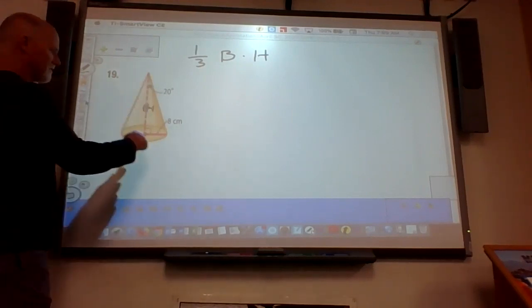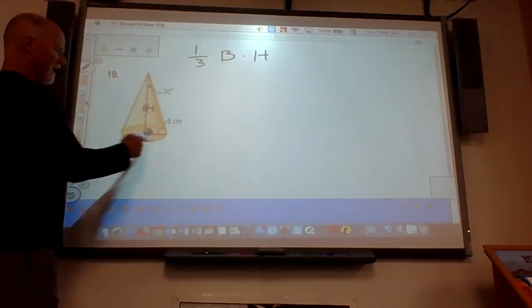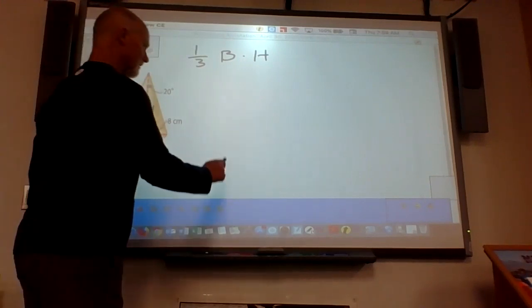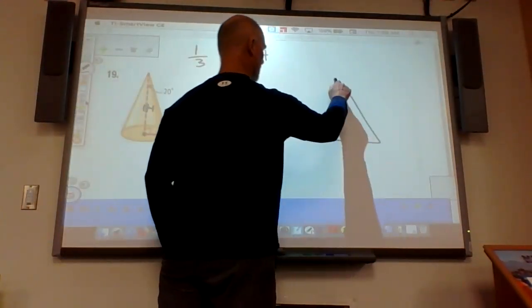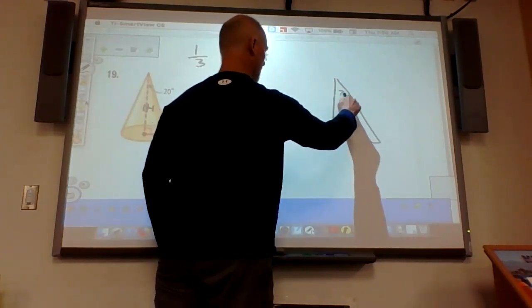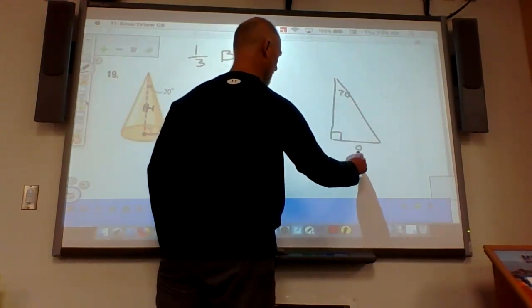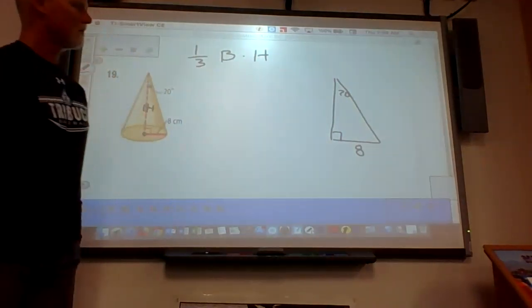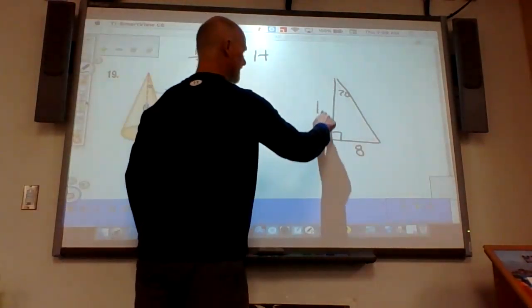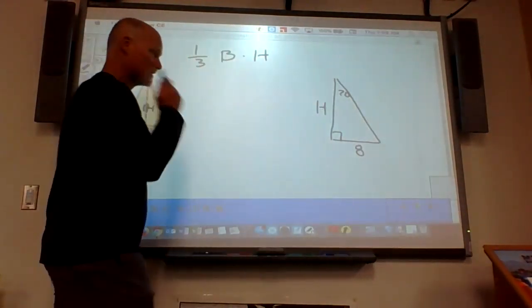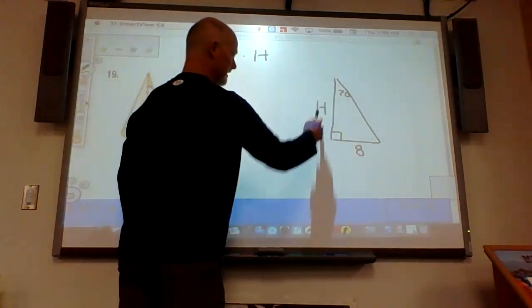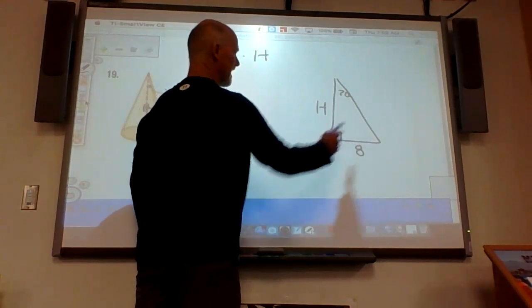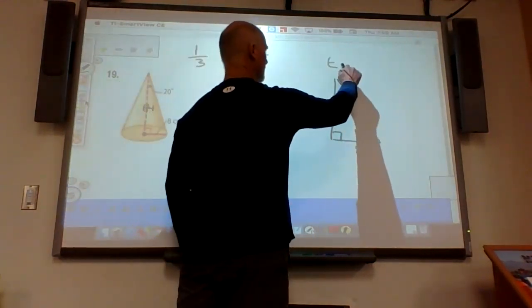Now, we have a triangle here with an angle and a side. That looks like this. We are looking for this side right here. Opposite and adjacent would mean that I need to use tangent.